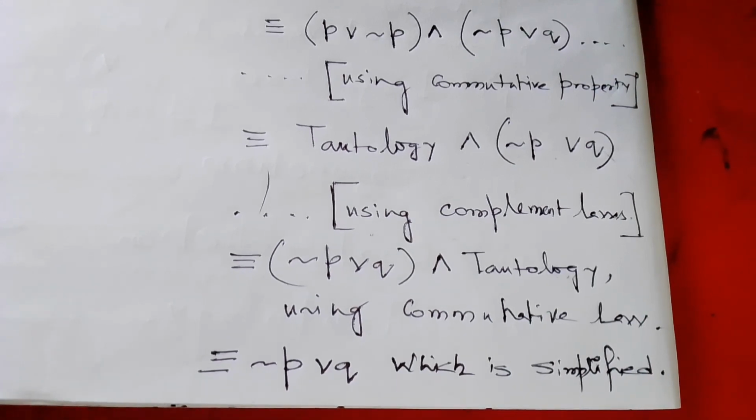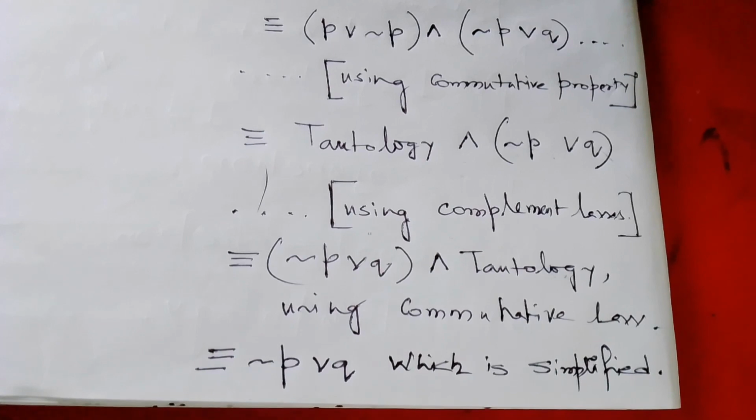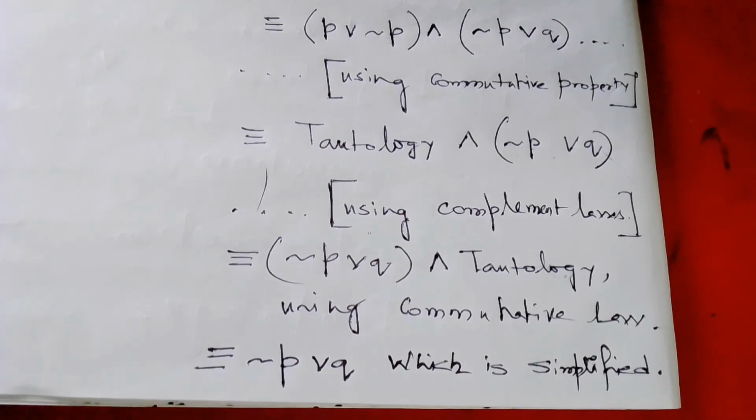So today I have discussed all those laws with examples, and in the next part I will discuss normal forms, conjunctive normal forms and disjunctive normal forms.